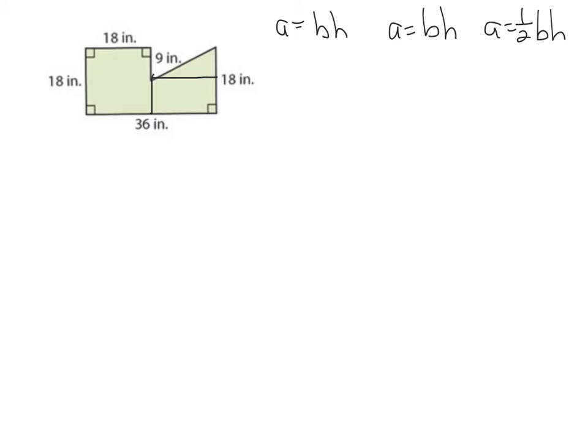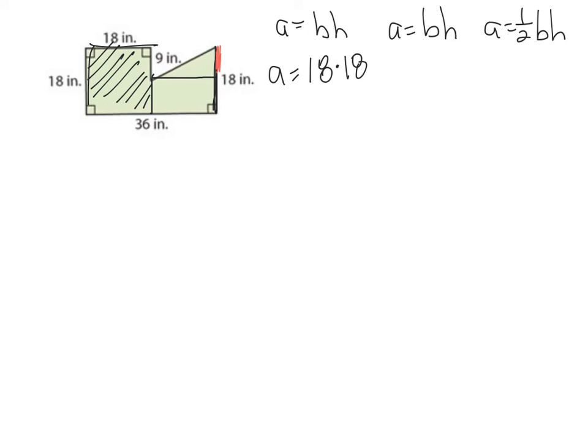Okay, so let's deal with this one here first. Okay, so 18 inches and 18 inches, easy enough. Area equals 18 times 18. Okay, this rectangle here, I got this whole dimension is 18 inches. Okay, but just this portion here is 9 inches.